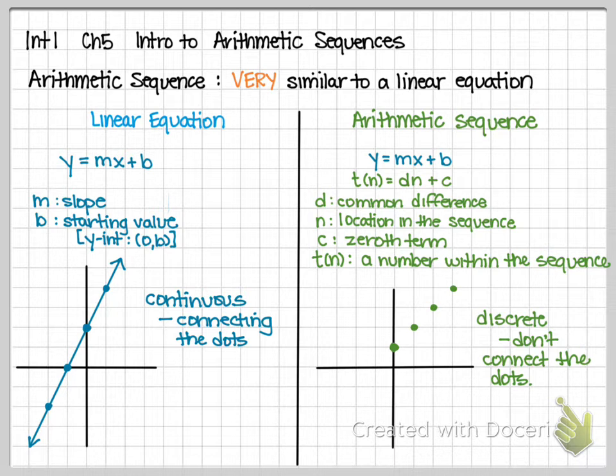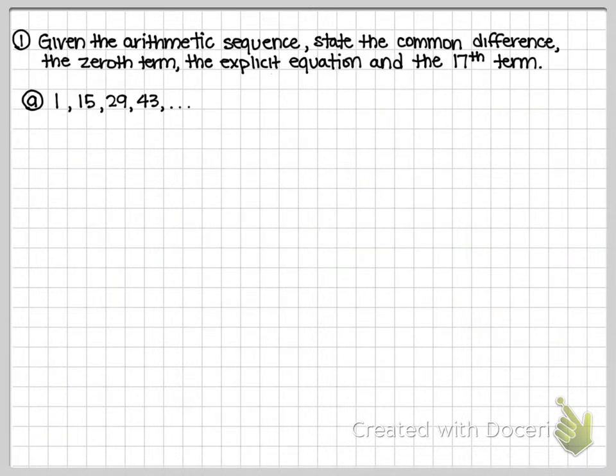Okay, well, let's actually do some of these problems. Again, a lot like a linear equation, just a couple different letters being changed. Okay, so we have an arithmetic sequence. Given that it's arithmetic, let's write a quick little note here.